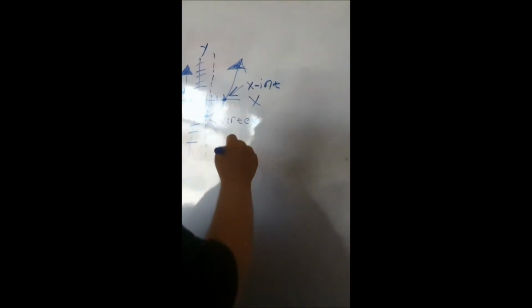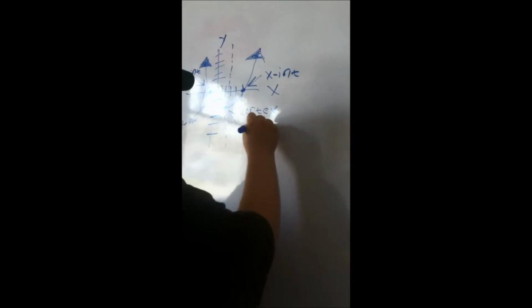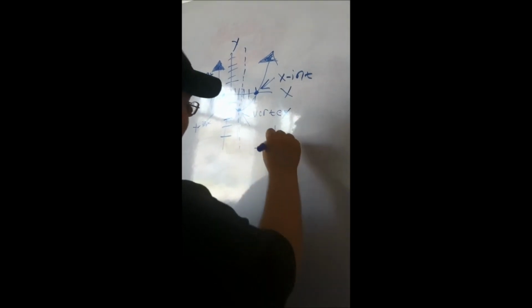Are there any points below the vertex? No, the vertex is the lowest point on a quadratic. Or the highest. It could be the highest. What would a graph look like if the vertex was the highest point? How would it be different from this one? It would be going downwards, something like this.